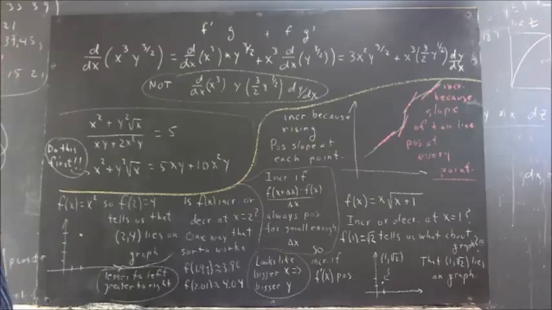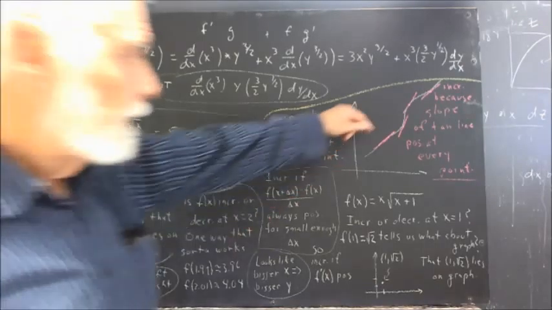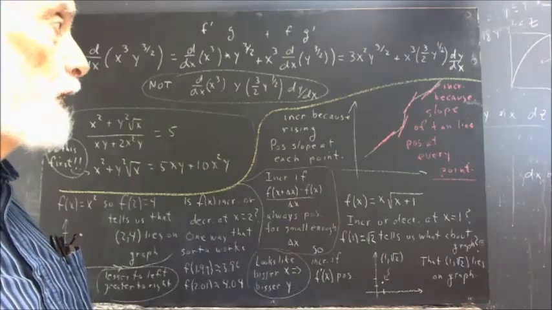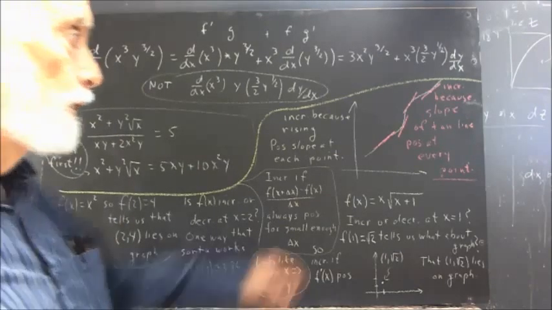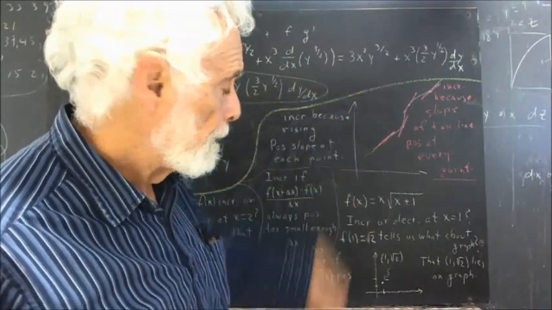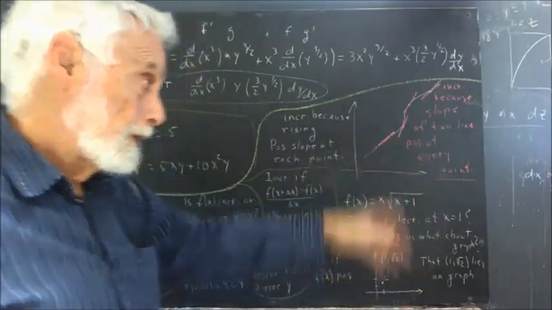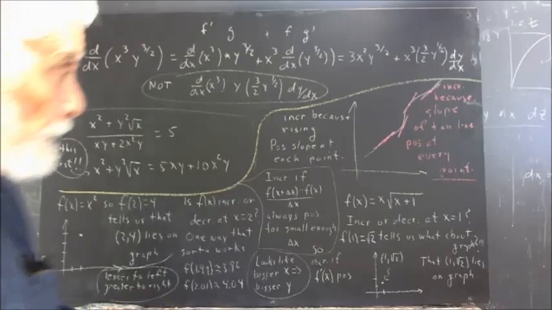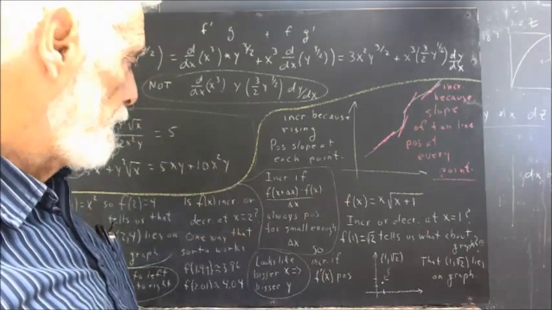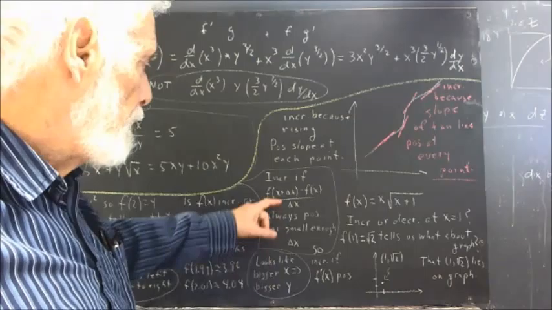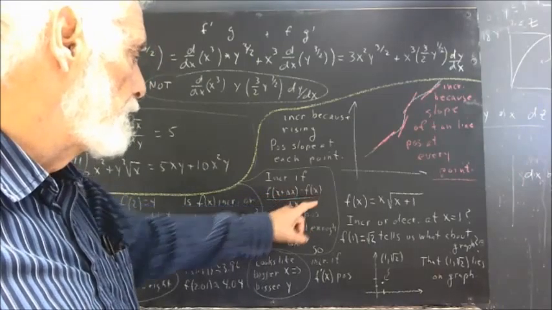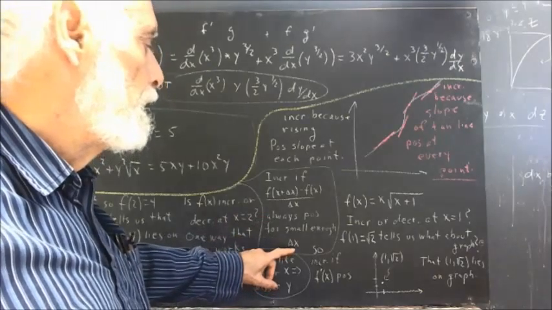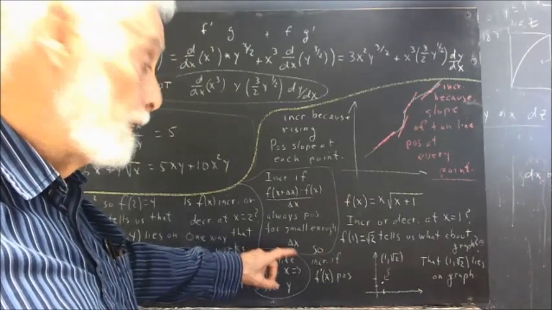Now, what is the slope of the tangent line? The slope of a tangent line is a limiting value of the slope of a bunch of segments. We've been over that a couple of times. If f of x plus delta x minus f of x, over delta x, is always positive for small enough delta x, what does that mean?